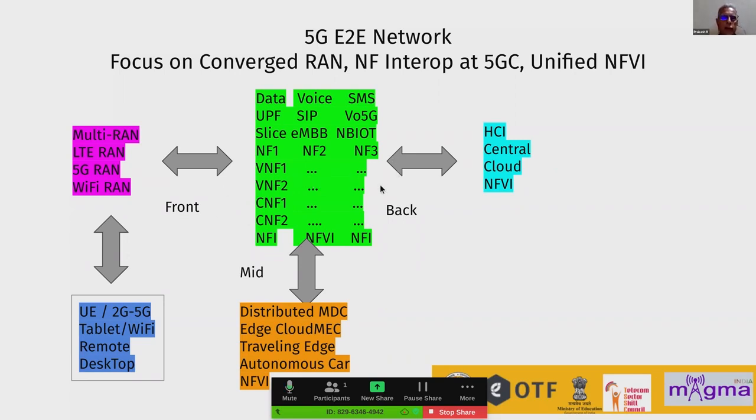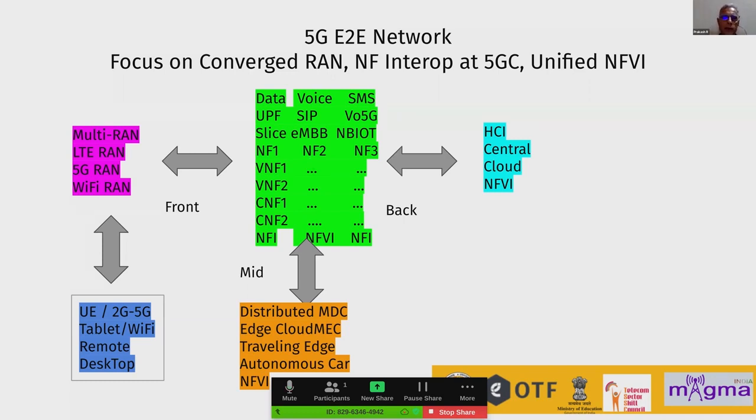The provider has to provide, in the provider network, the facility and the capability to deliver the necessary service to the consumer based on the various stacks that are involved. So the focus is on a converged RAN with an interoperable network function and the 5G core.